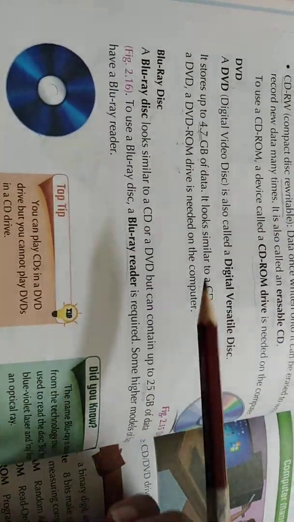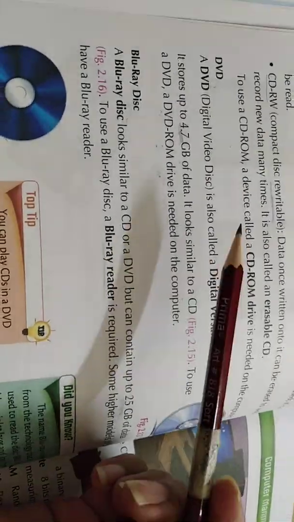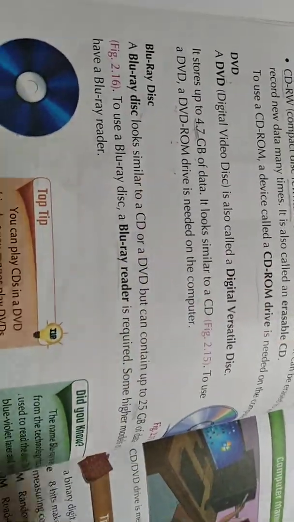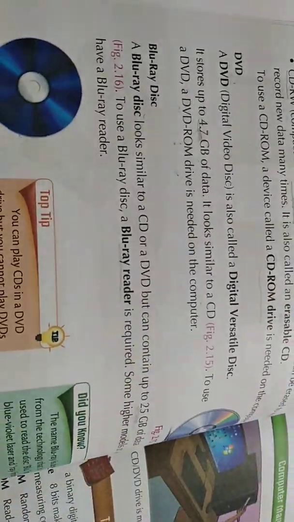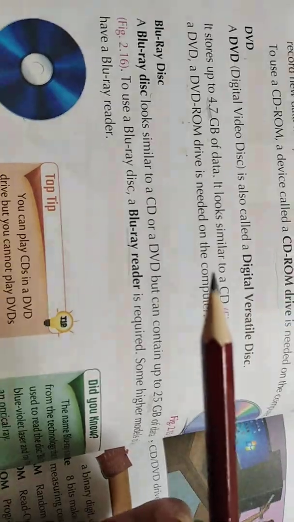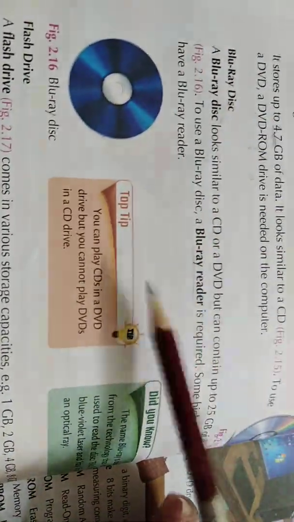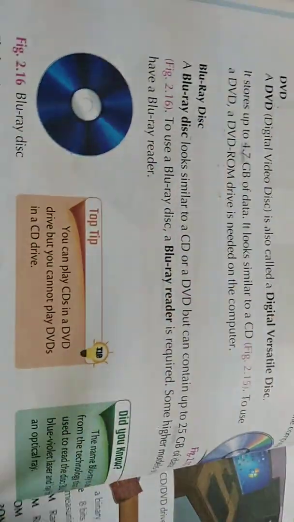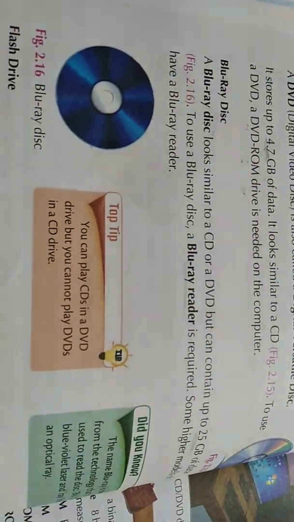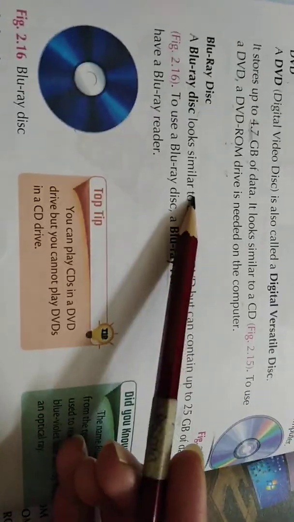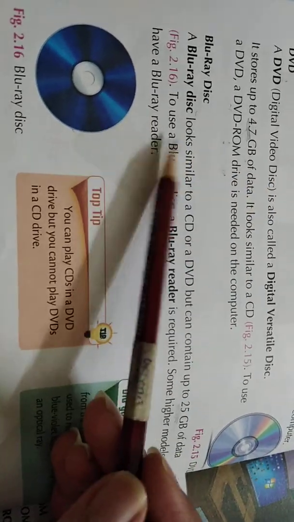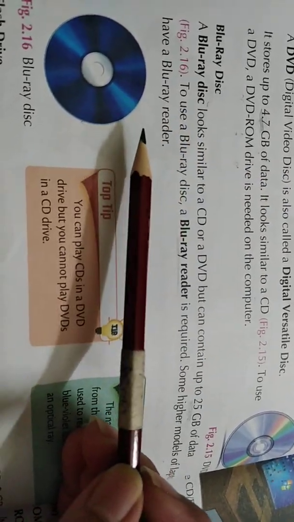Then the DVD is also like the CDs, but it is the digital versatile disc. It has better quality and more space. Then the Blu-ray disc is also the same as DVDs, but it has more capacity than the DVD, and it needs a Blu-ray reader.